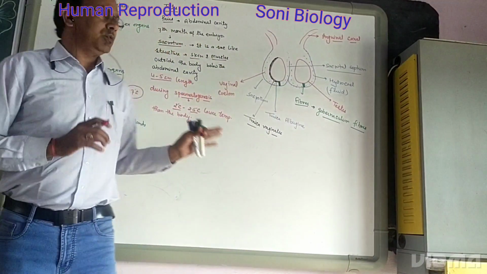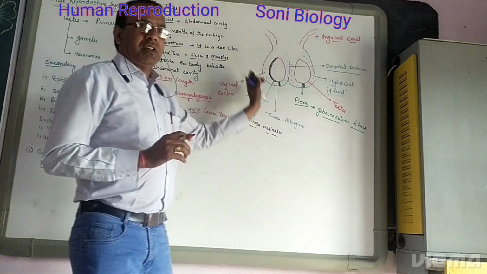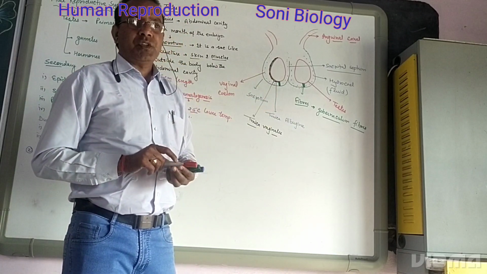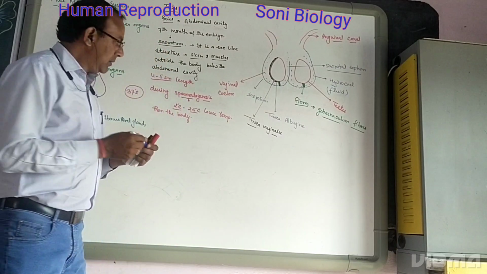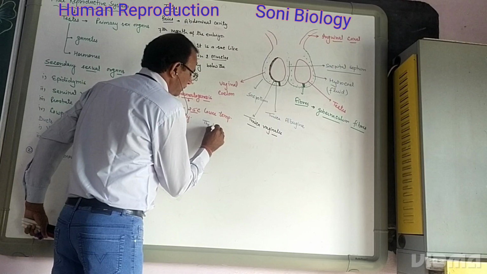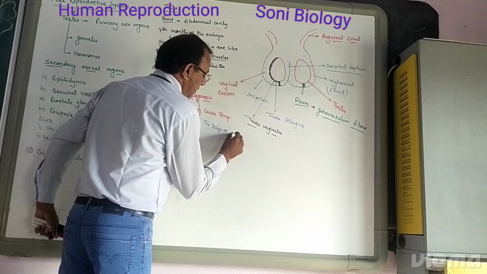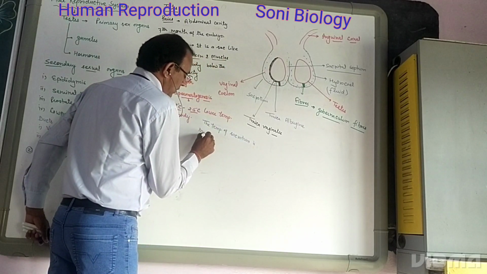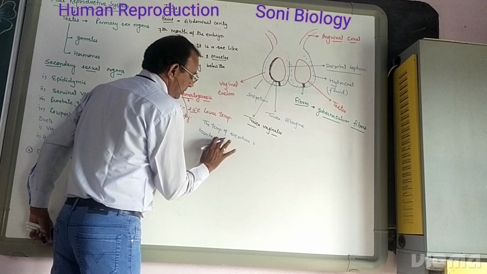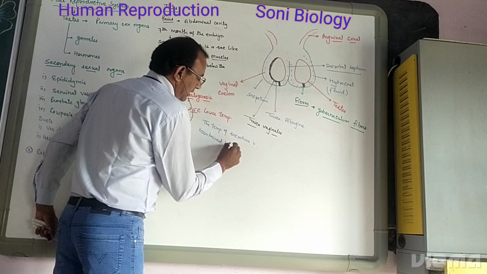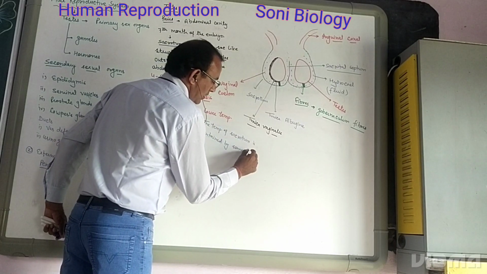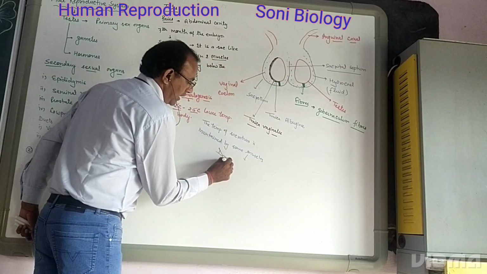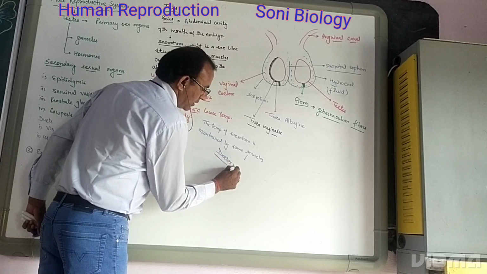So, the testis comes into the scrotal sac. This lower temperature in the scrotum is maintained by special muscles, called dartos muscles.